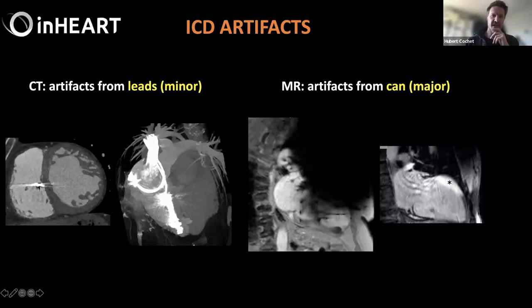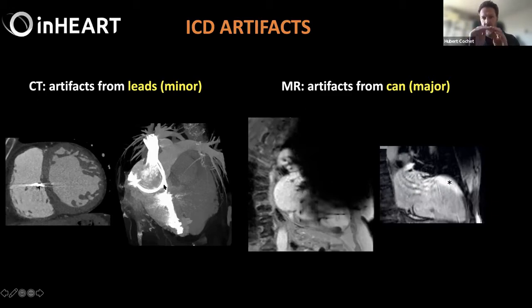So here you see the issue with CT is the leads. The CAN is not an issue. It would be an issue if you were to image the CAN area, but the CAN is above the heart. The problem is that these leads, and particularly the tip of the ICD lead, lead to streak artifacts that can sometimes hamper the analysis of the septum, particularly.